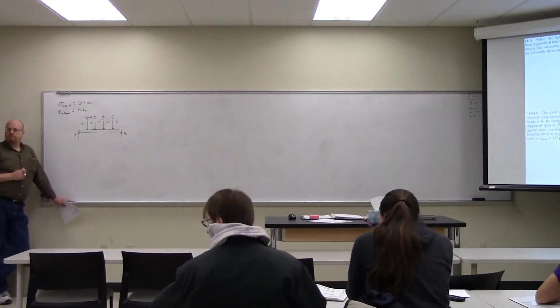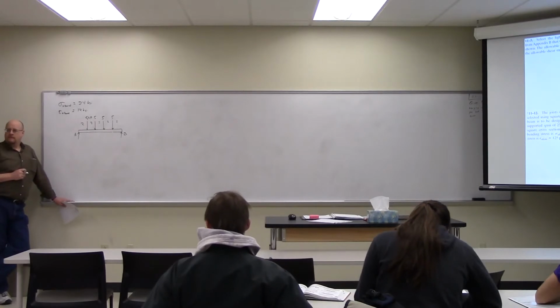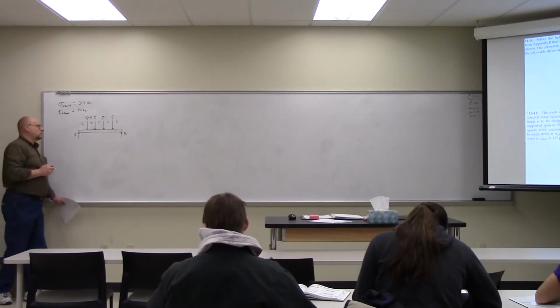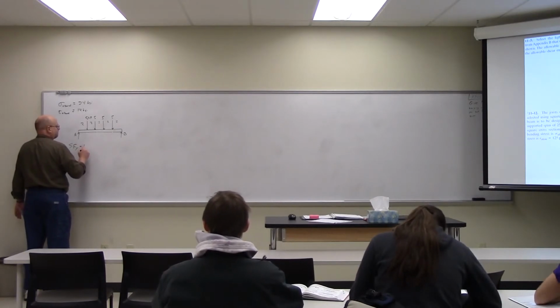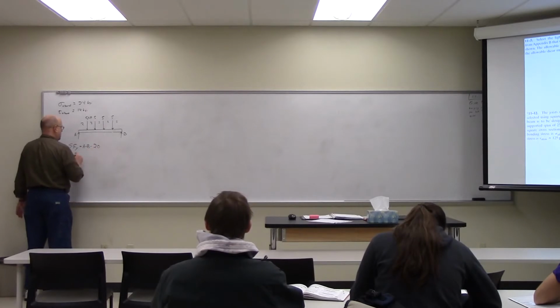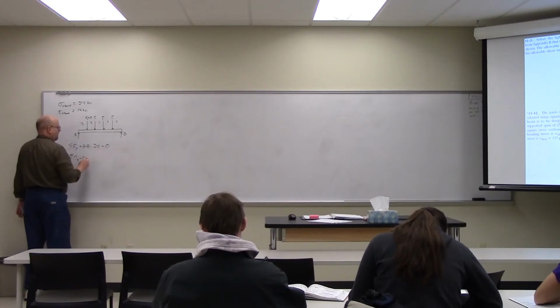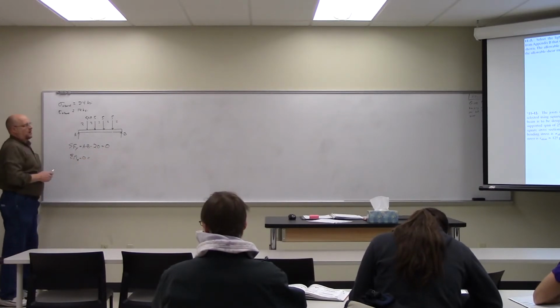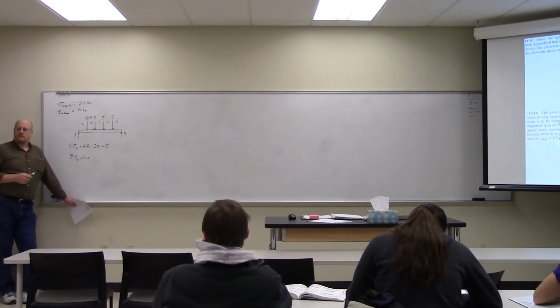We need to solve for our reaction forces. Okay. Solve for the reaction forces. Sum the forces in the Y, and then we'll do a sum of the moments about the A. And those are both equal to 0. Or can you look at the picture and tell me what A and B are?